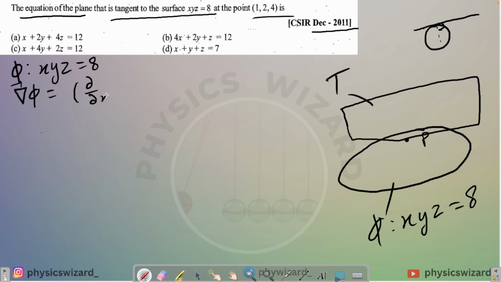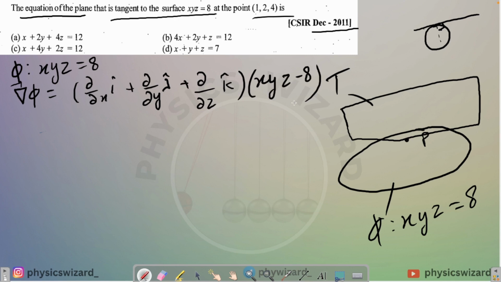Del by del x i cap plus del by del y j cap plus del by del z k cap, and we can write phi as x y z minus 8. After calculating this, we get yz i cap plus xz j cap plus xy k cap.